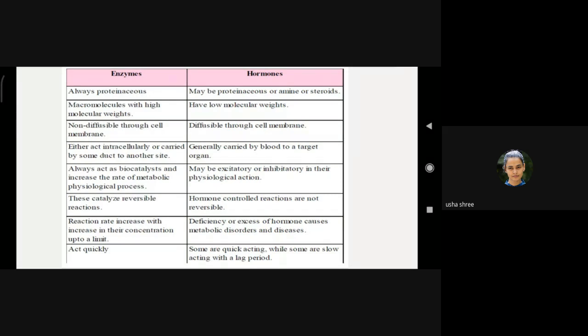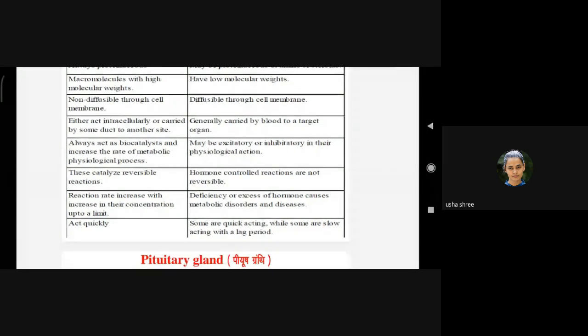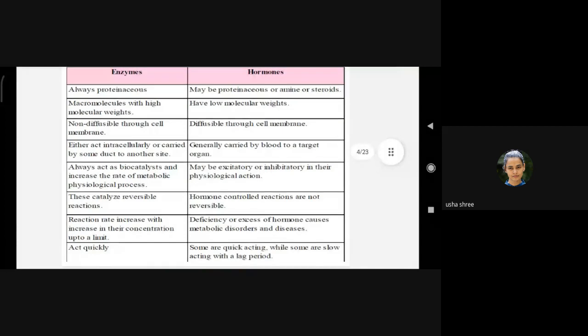Now, enzymes act quickly, but hormones are quick acting while some are slow acting with a lag period. Means all enzymes act quickly. But in the case of hormones, there are quick acting hormones too, and slow acting hormones too.